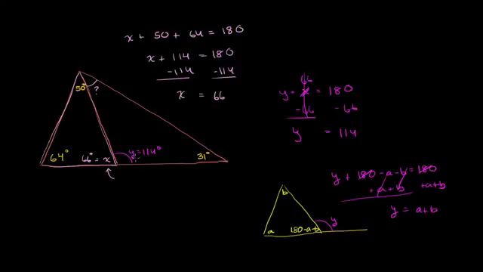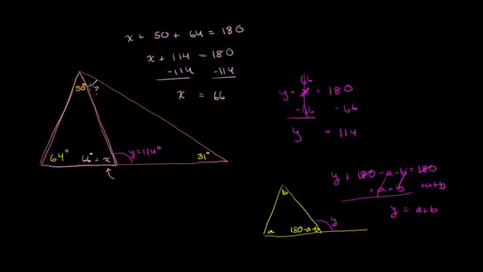114 degrees, we've already shown to ourselves, is equal to 64 plus 50 degrees. But regardless of how we do it, if we just reason it out step by step, or if we just knew this property from the get-go, we know that y is equal to 114 degrees, and I like to reason it out every time just to make sure I'm not jumping to conclusions. So if y is 114 degrees, now we know this angle. We were given this angle in the beginning.